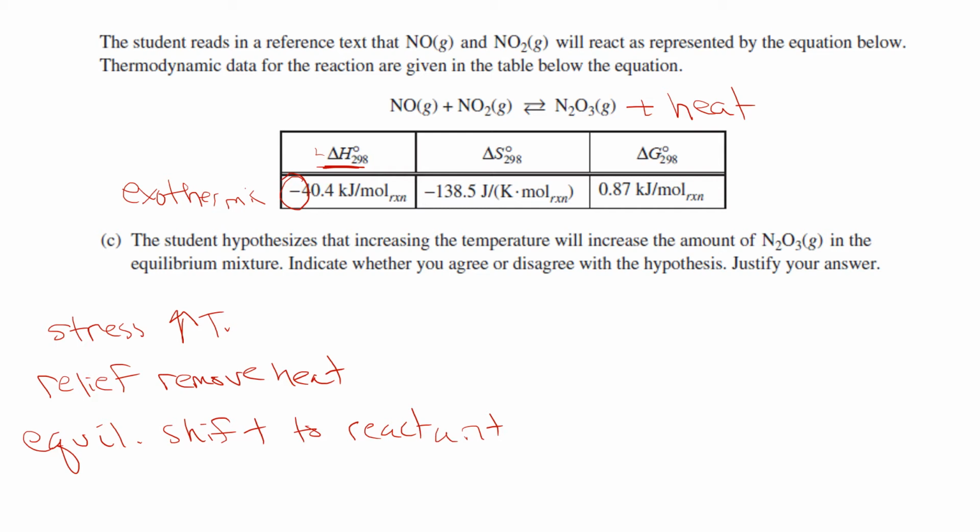And if the reaction proceeds towards the reactant side, that means my product will be consumed. So based upon that evidence, I would disagree with the hypothesis. You need to make your claim, give evidence, cite the evidence, and justify your answer in terms of the evidence.